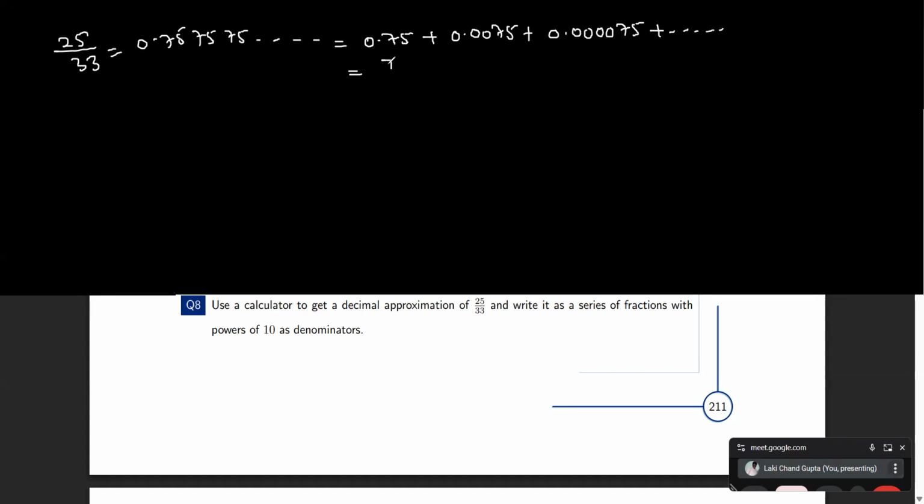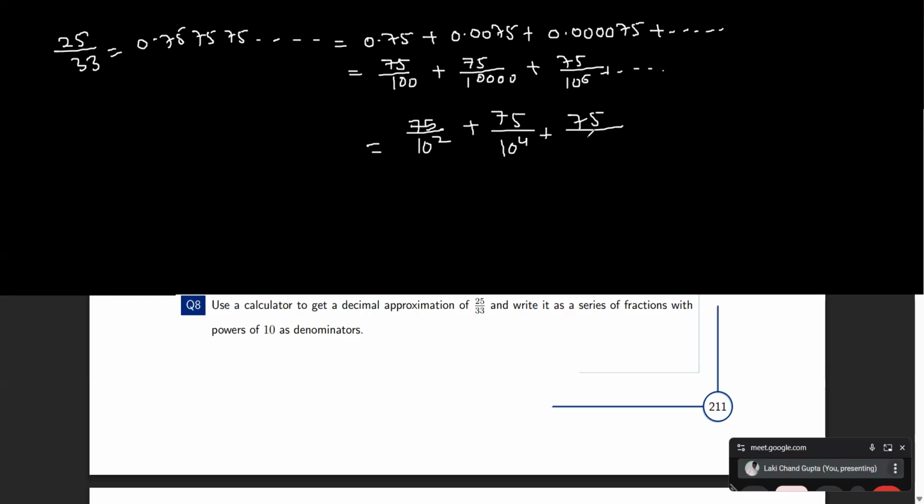So you can write 75 over 100, 75 over 1000, 40, 60, right? And you can also simplify it in the power of 10. Okay, this is your answer.